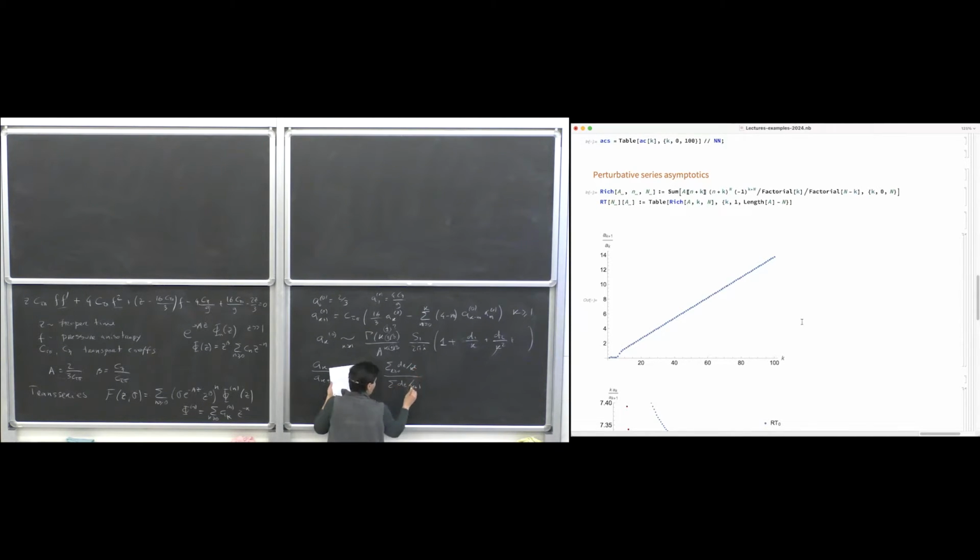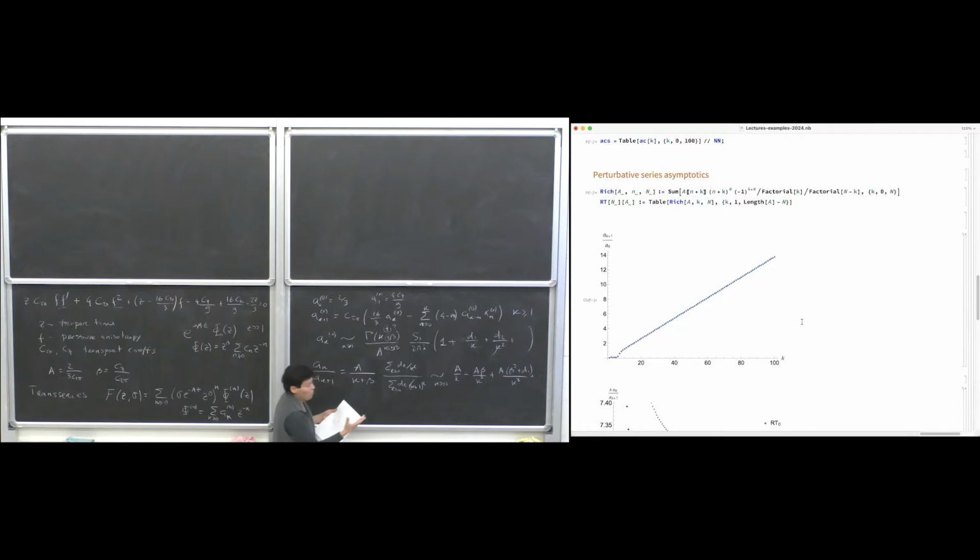Sorry, K to dL, K plus 1 to dL, which I can also expand, right? So I expand now this for large K. And very easily, you'll find that this is A over K minus A beta over K squared plus A beta squared plus D1 over K cubed, etc.